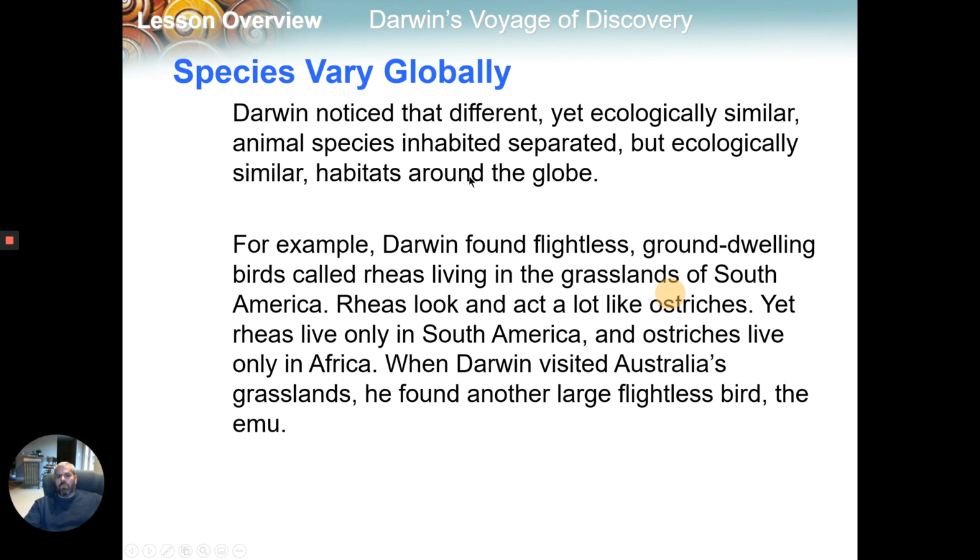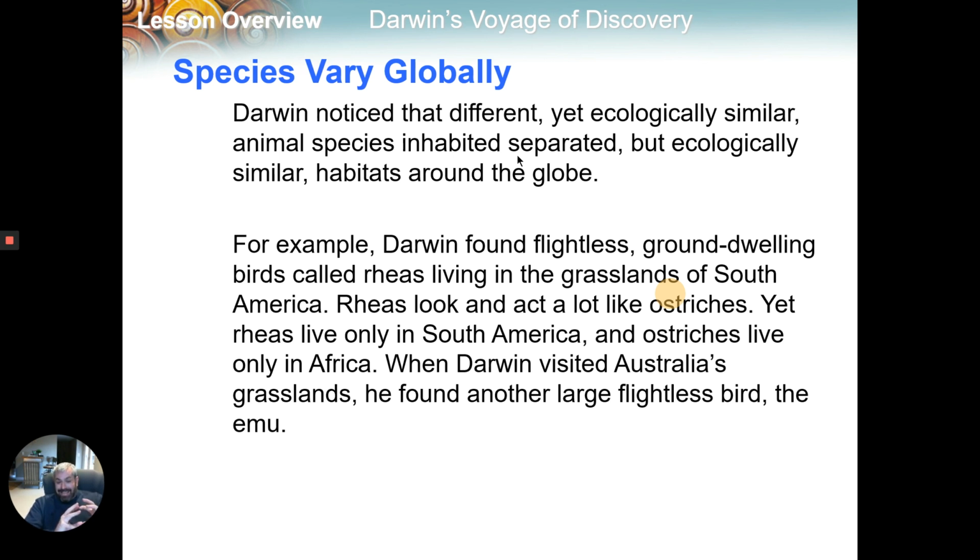Let's talk specifically more about how species vary globally. So Darwin noticed that different yet ecologically similar animal species inhabited separated but ecologically similar habitats around the globe. Okay, so what this is saying is their areas were separated.